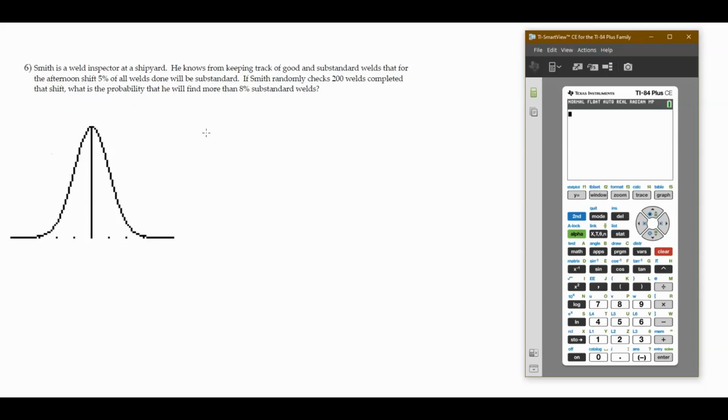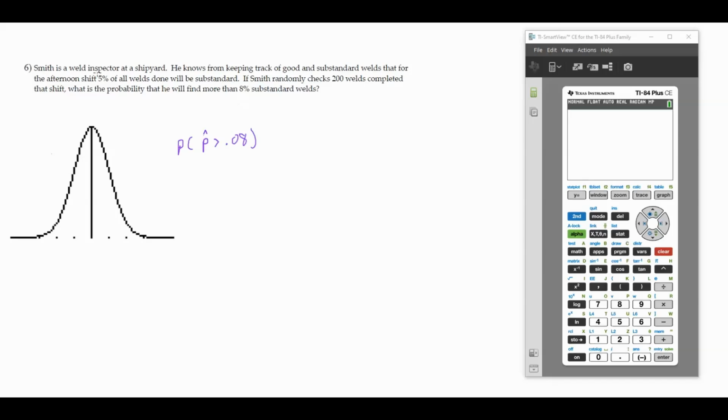So we're looking at the probability of a percentage. Probability that the proportion from a sample is greater than 0.08, right?